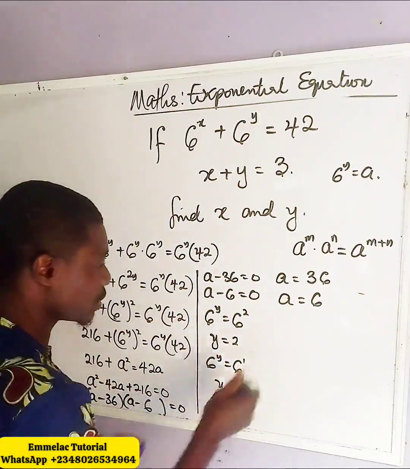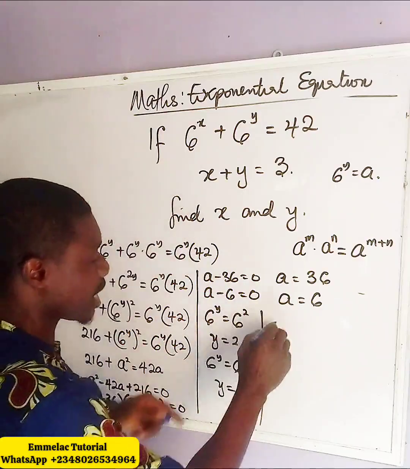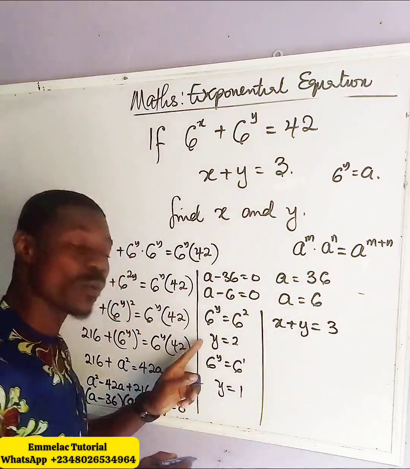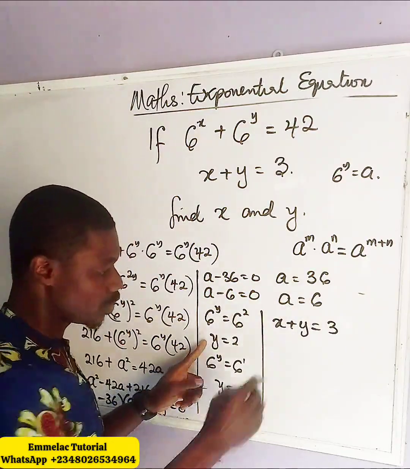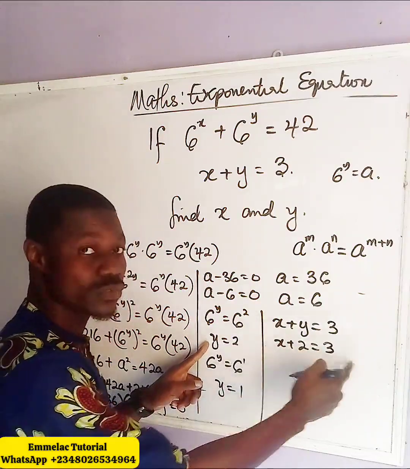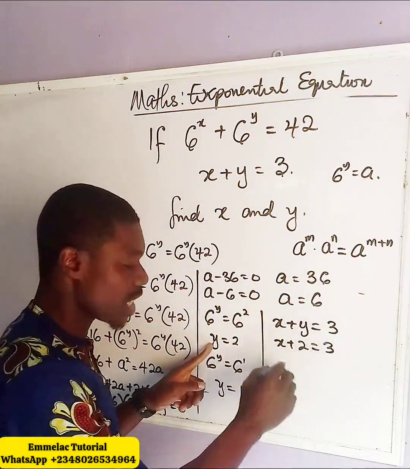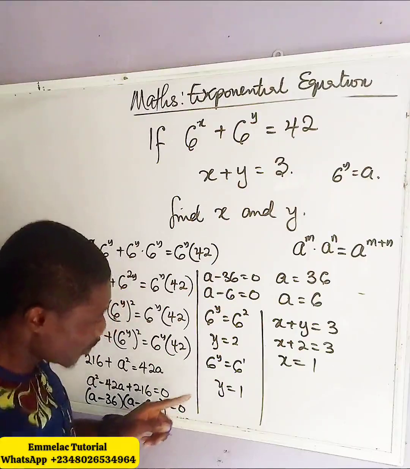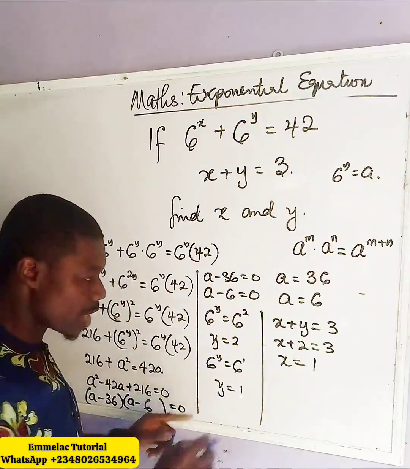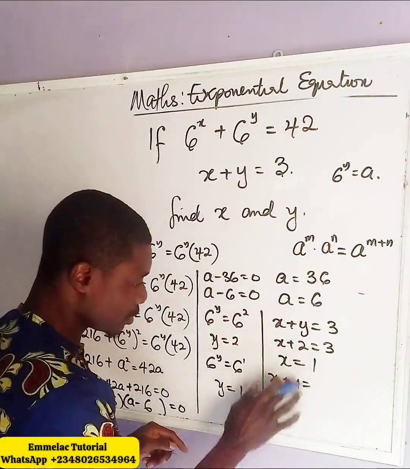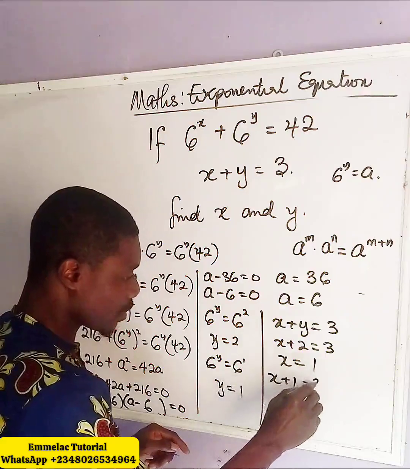Now let's take note from here that x plus y equals 3. So when y is 2, here we have x plus 2 equals 3. Subtracting 2 from both sides, we have that x equals 1. When y is 1, that will be x plus 1 equals 3.